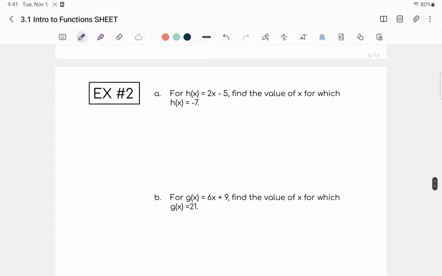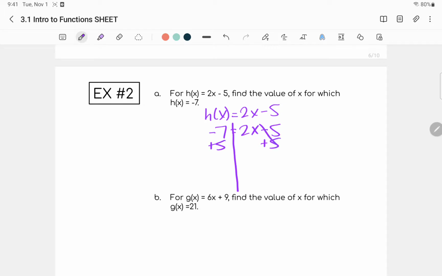So I'm going to write down h of x is equal to 2x minus 5. And then this time it says h of x is negative 7. So I'm going to replace the whole h of x with negative 7 so I can find what x is. And now this is a two-step equation, right? I'm going to add 5 to both sides.